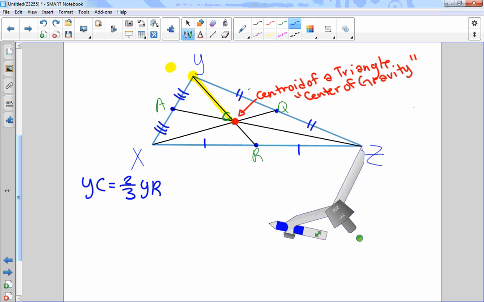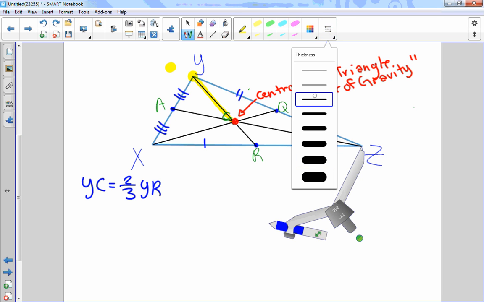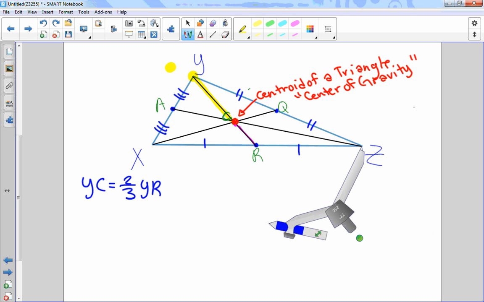Take YR and find 66.6% of it, right? 2/3 is the distance Y to C, which means the other distance from here to here is what portion of the whole? 1/3. Okay, so CR is 1/3 of the whole YR.